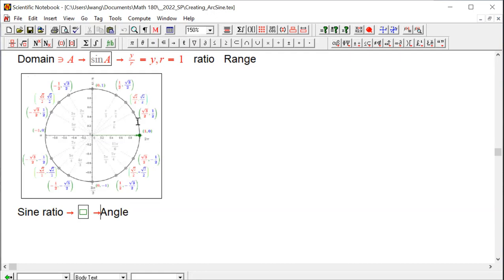Each ratio produces one angle. Each ratio produces one angle, right?